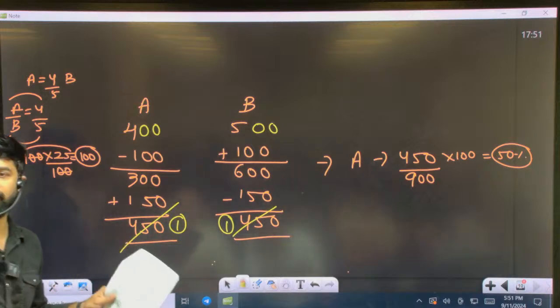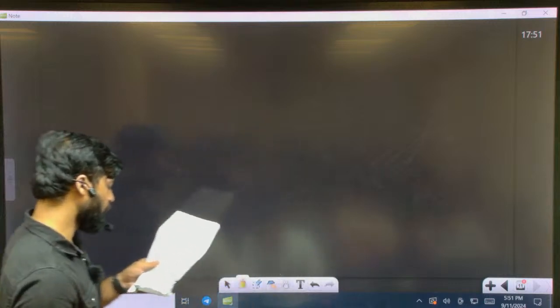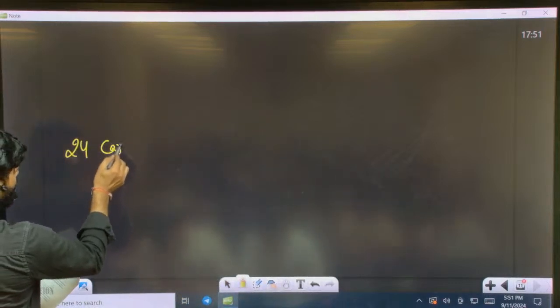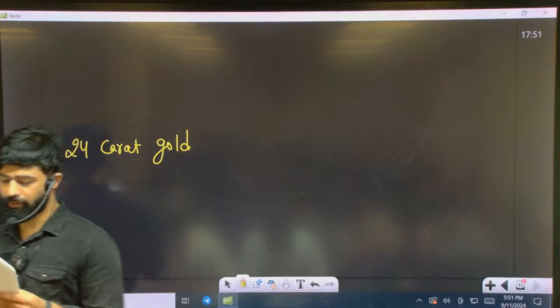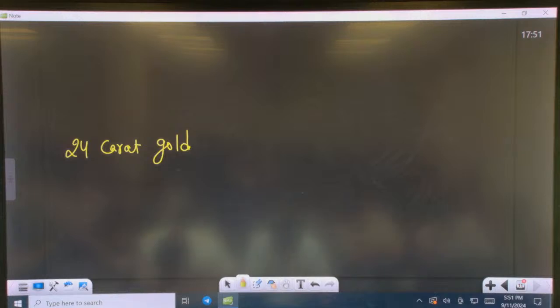If this is the last question of the class: if 24 karat gold is considered to be 100% pure, you know that 24 karat gold according to the purity is 100% pure, then find the percentage of the purity in 22 karat gold.